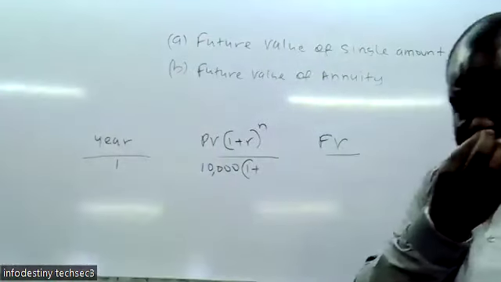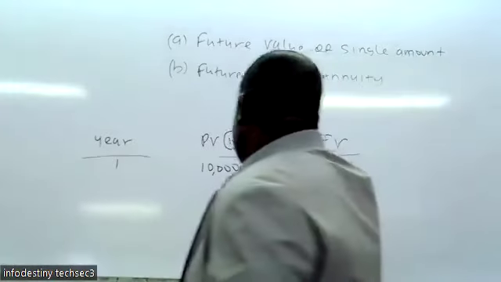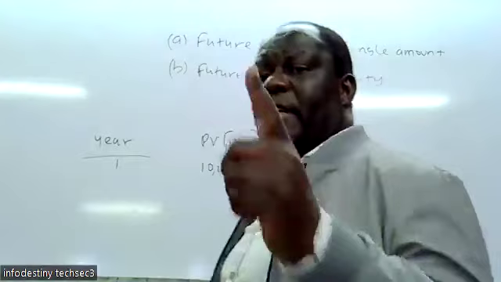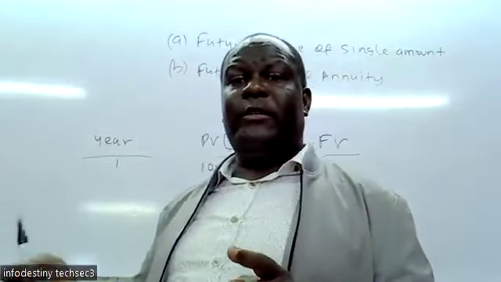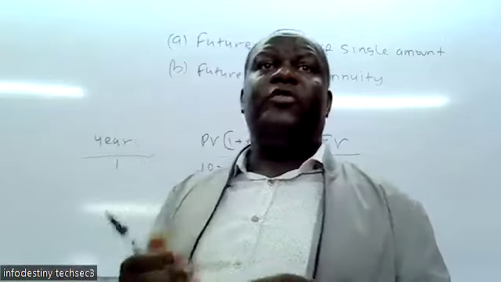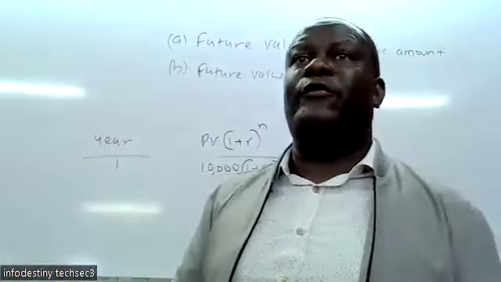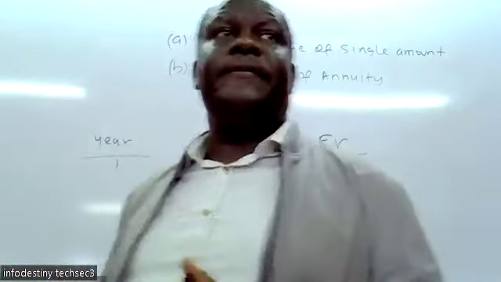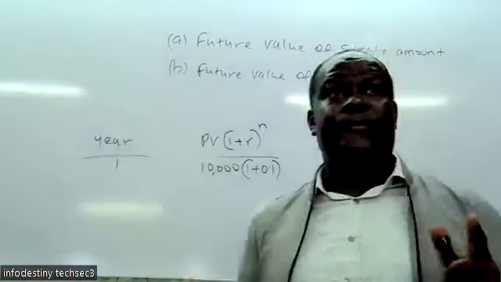I gave you an interest rate of 10%, which is the same as 0.1. You are supposed to be there for 3 years, so you reinvest for how many remaining years? We are looking at the future value. You earn interest for how many remaining years? For this one, n will be 2.